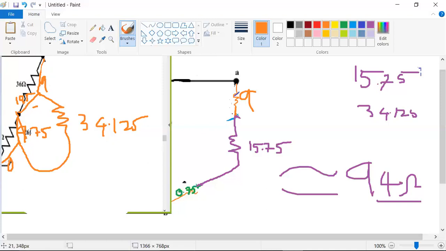This is 0.75. 9.75 plus 19.5, which will be 29.25. So this is 29.25.